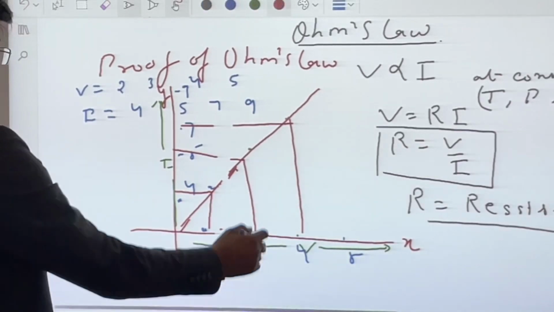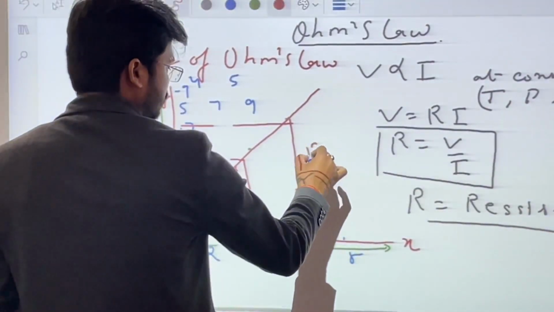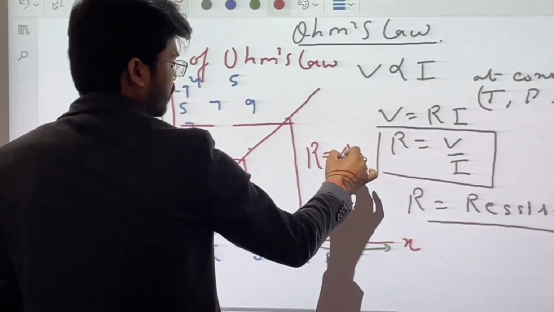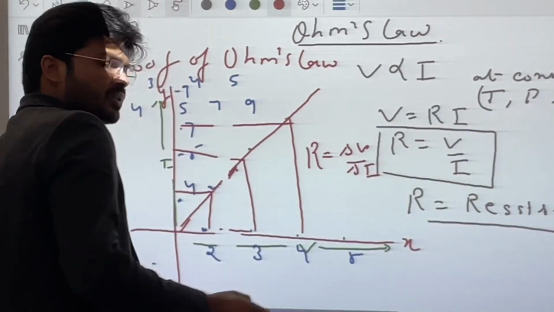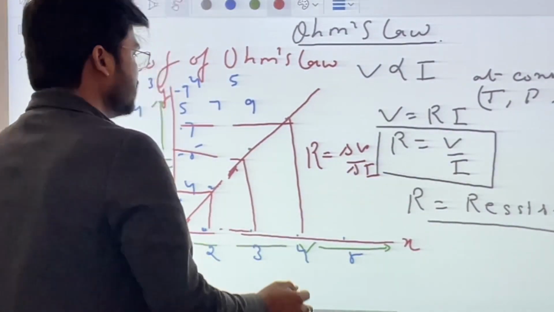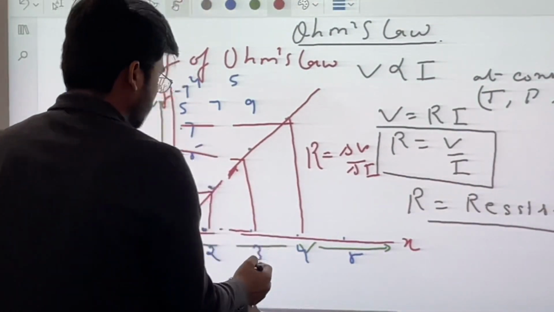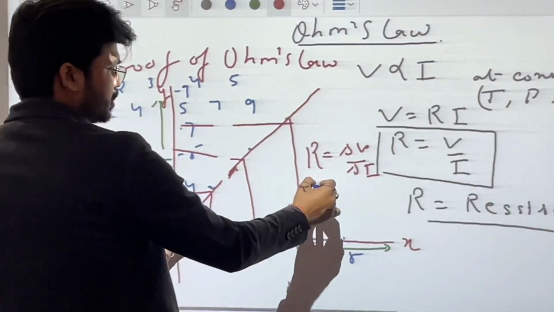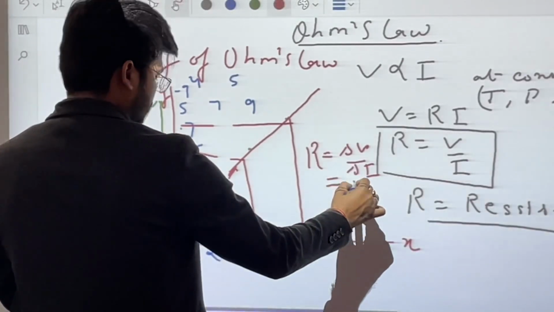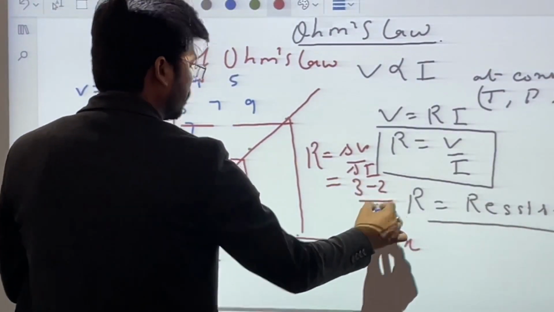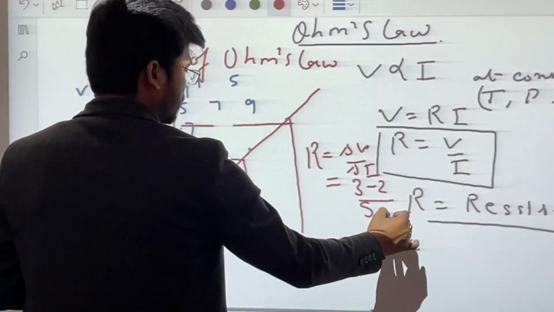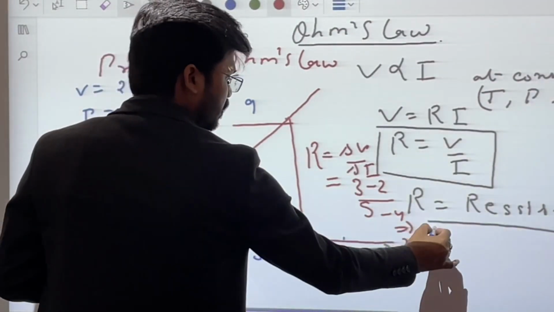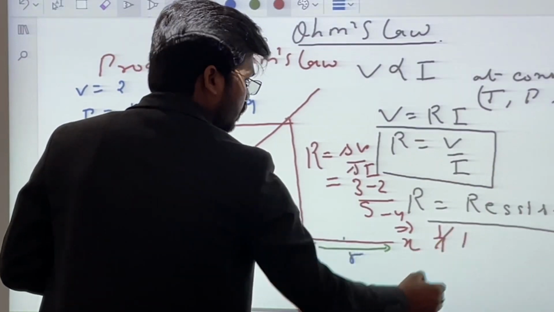Now if we calculate the value of R, that is the slope, R equals del V upon del I. What is the meaning of del? Del means change, second minus first. So if we subtract 3 minus 2 upon 5 minus 4, the value will be 1 upon 1, that is 1.